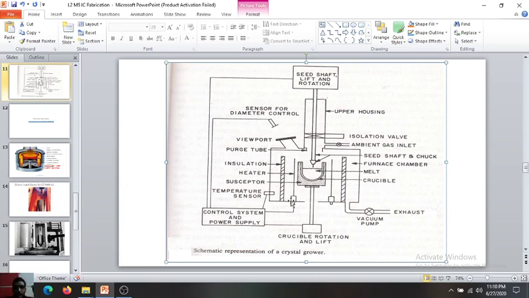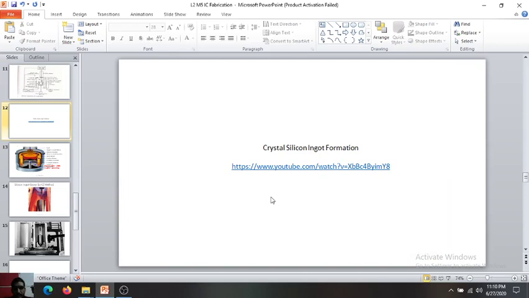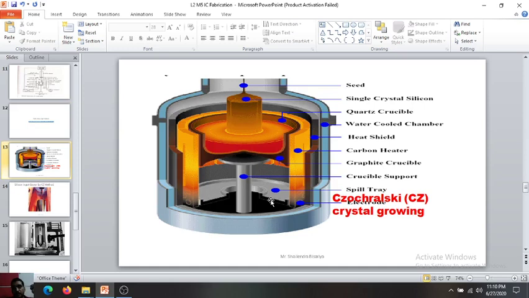So let us understand it with the help of one video. You can watch this video, you will get a clear pictorial view of the same. Let us take one picture to understand it. Here, this is the crucible support. This crucible support, from the bottom side, rotates the crucible in one direction.